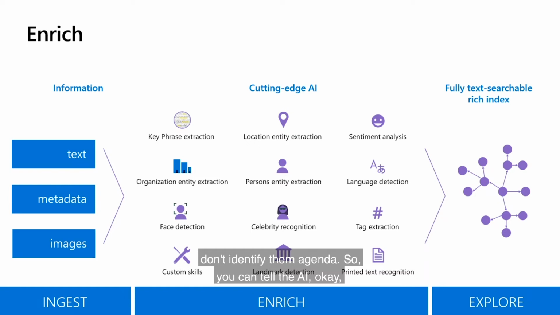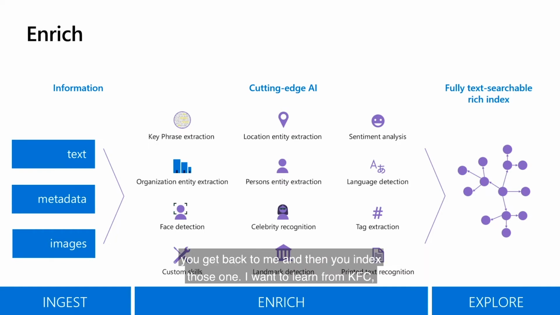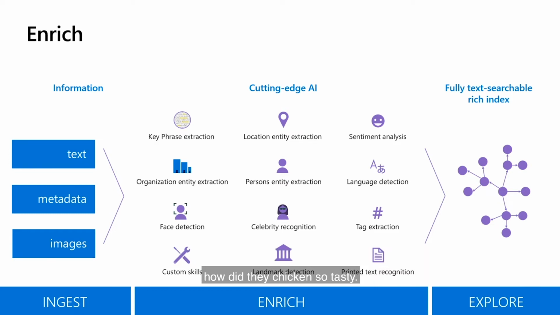You can tell the AI, I want to get more information on, say for example, the competitors' names. If I'm McDonald's, I want to identify KFC, maybe. So every time you see KFC on those documents or newspapers, you get back to me, and then you index those. I want to learn from KFC, how do they make the chicken so tasty, things like that.